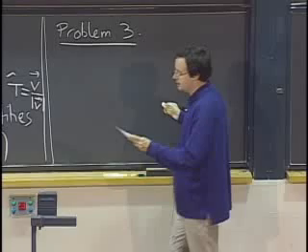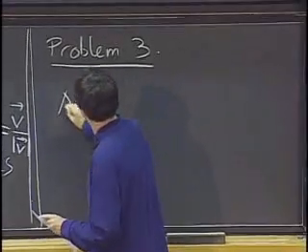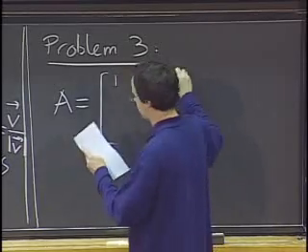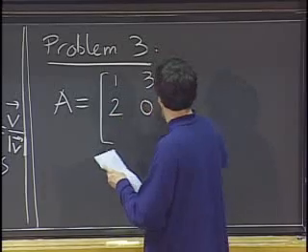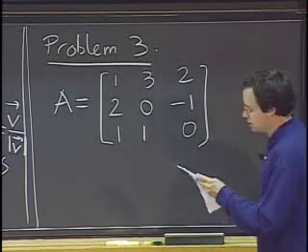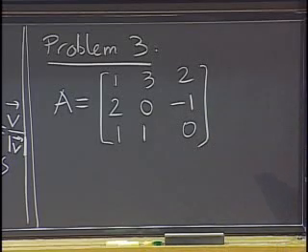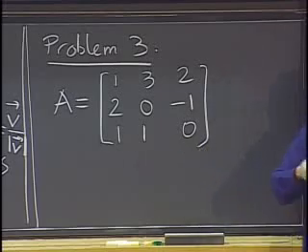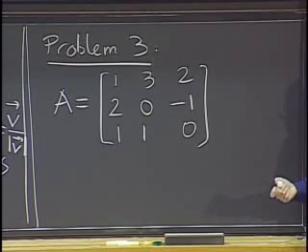Okay, so problem 3 says we have a matrix given to us: 1, 3, 2, 2, 0, minus 1, 1, 1, 0. And it tells us the determinant of A is 2, and A inverse equals something. But we are missing 2 values, A and B, and we are supposed to find them.